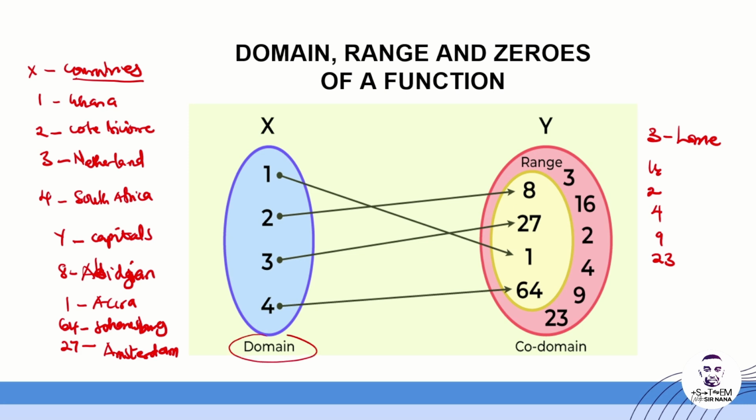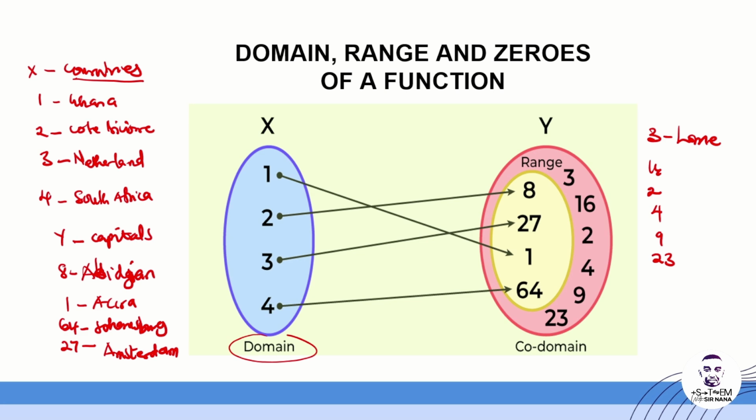So the domain represents basically our values which are in one part of a function whose image can be found. So the images are the capitals. So you prepare a game where you have these 4 countries, and then you put a lot of capitals in the game.